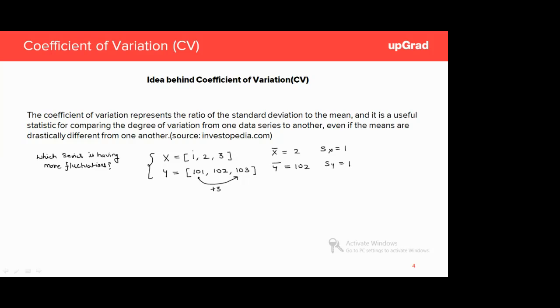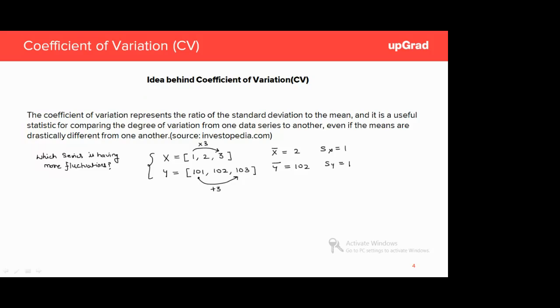But if you look at series X, the first element is 1 and here it is 3. Here it is a multiplication of 3. So the last value is 3 times the first value. Whereas this is not the case over here, right? So now can you answer me which one is more fluctuating? Now you guys can answer it easily.